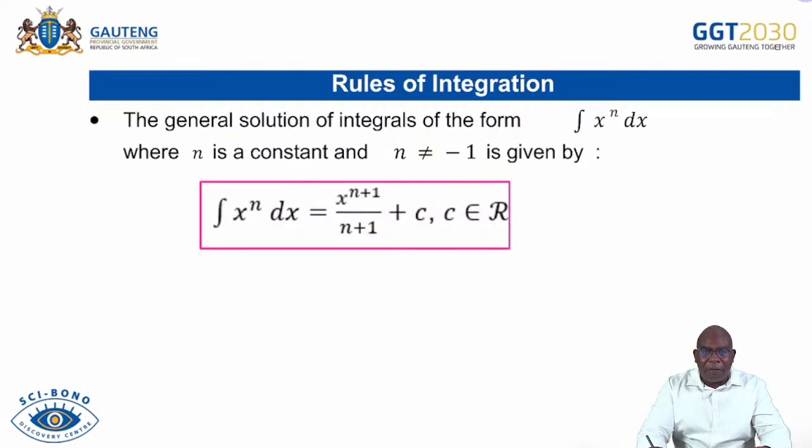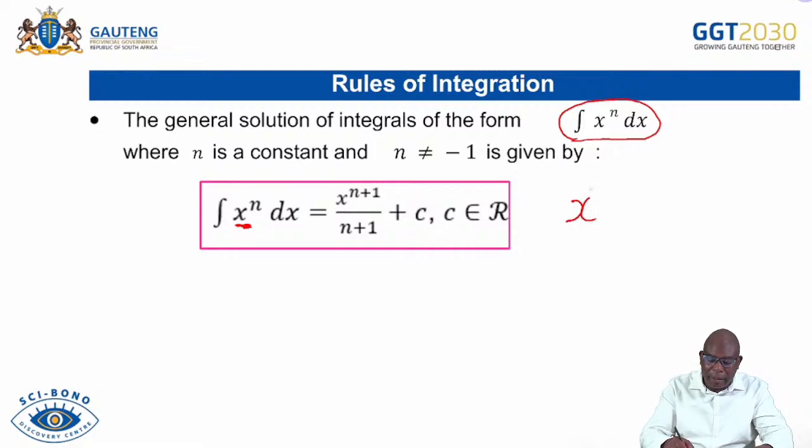Now let's check out the first rule that we have for integrals. The general solution of integrals is in that form. So if I've got one given in that form, this is how I integrate it. Now listen to this. The integral of x to the power of n dx will be the same as, I take that x, and then from there I have my n here.